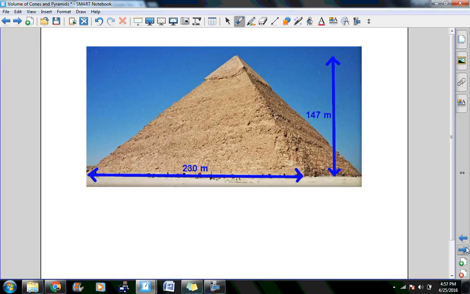And here is the final shape. For example, this pyramid is going to be a square prism, meaning that the length of the front face and the side are going to be the same. So for the volume of this shape, we are going to do 230 times 230. That's going to be the area of the bottom rectangle. We then take that times the height of 147 meters.